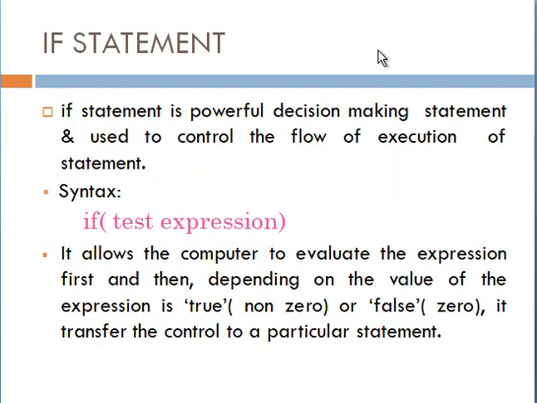Starting with the if statement. What is an if statement, and how do we use the if statement in C programming language? The if statement is a decision making statement that checks whether this task is true or false.